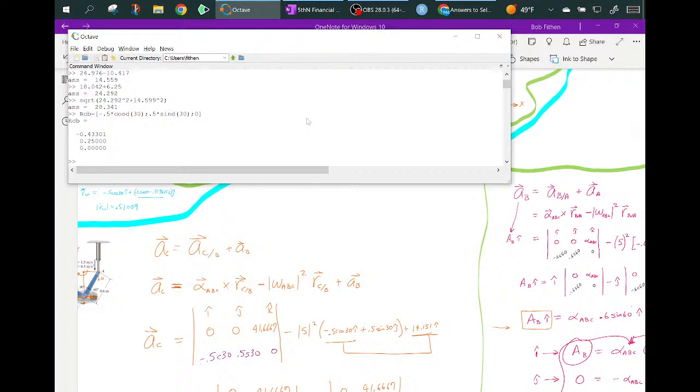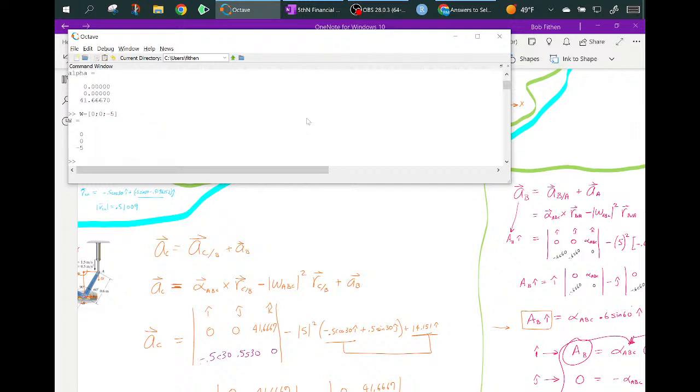And then what we'll do is alpha is equal to vector, which is 0, 0, and 41.6667. And then omega will be a vector, which is 0, 0, and a minus 5.